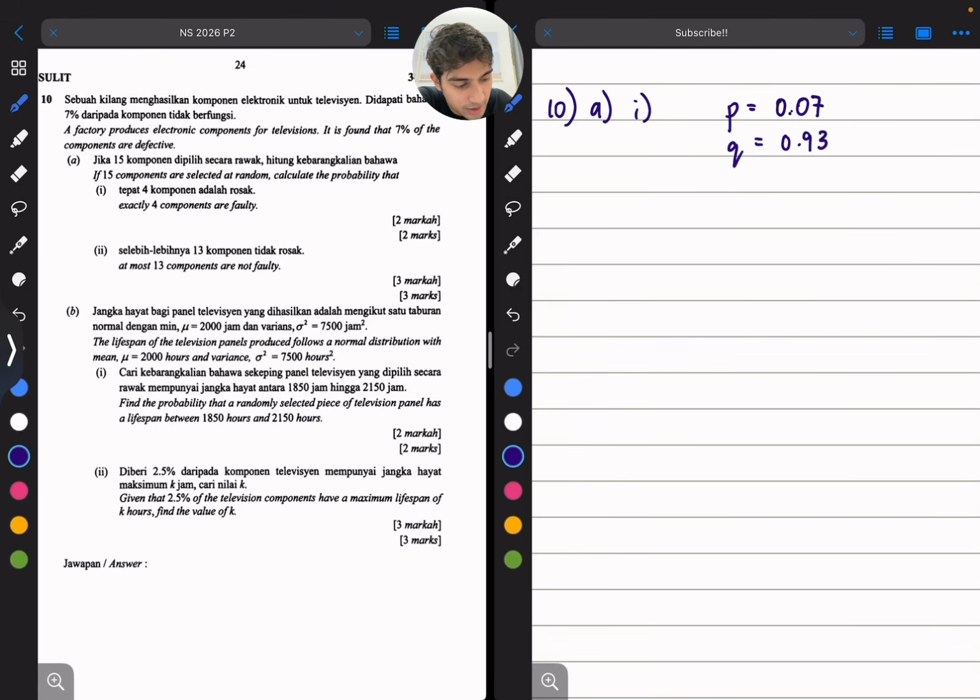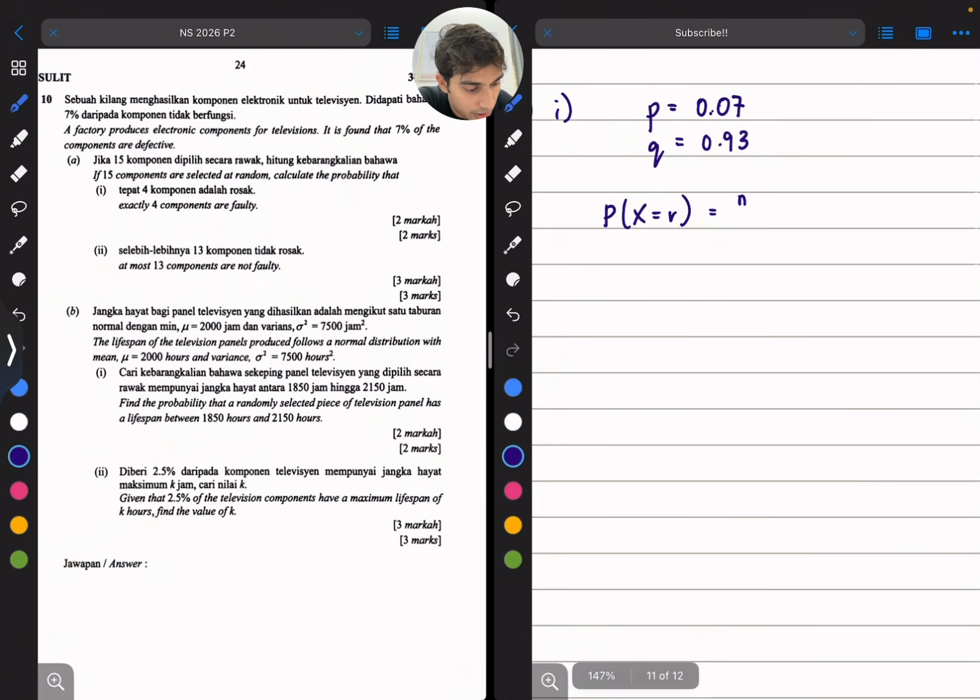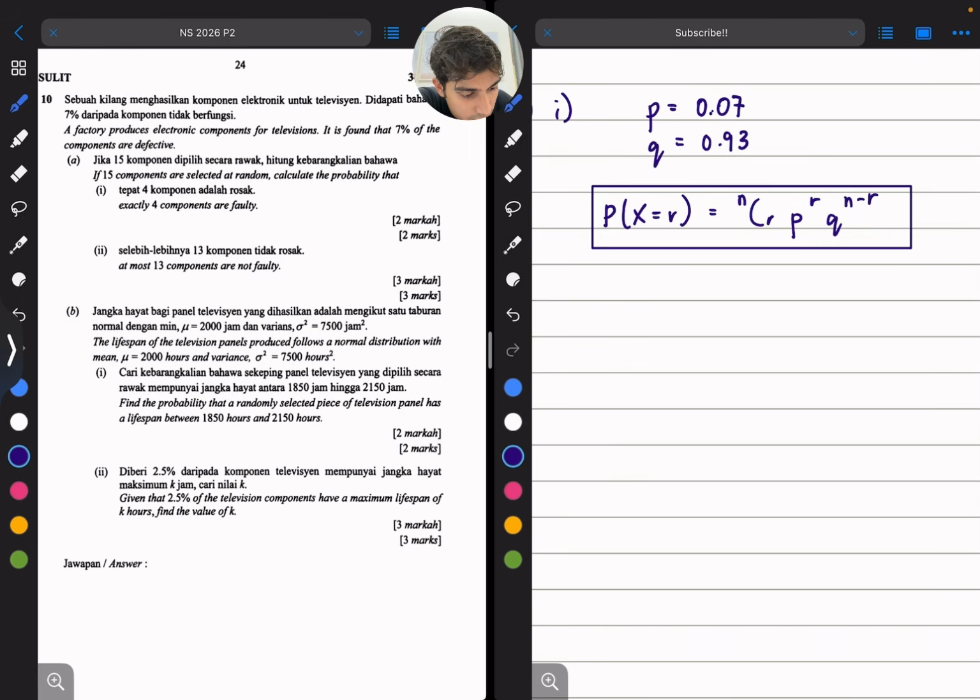So here we want to find exactly 4 components being faulty. This is a binomial distribution, so the formula will look something like this. Our n in this question is 15, because out of 15 components we are selecting, we want 4 that are faulty.